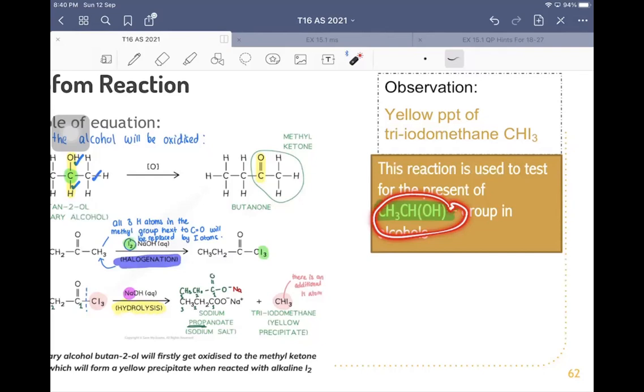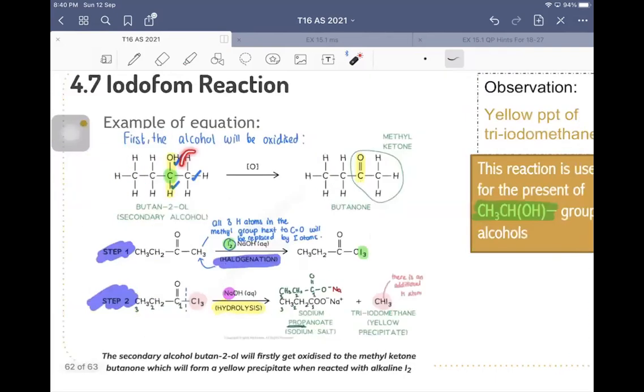Sorry, it's not a functional group, but it's a part, the structure in a molecule. Okay, the functional group is the alcohol, right? But not all alcohol will give a positive result with iodoform reaction. Only this type of alcohol, your primary and secondary, specifically the one that has a methyl group next to your carbon that is attached to the hydroxy group.